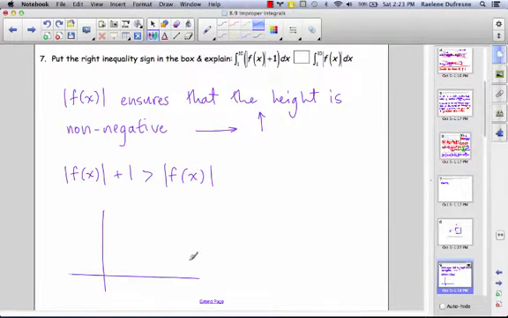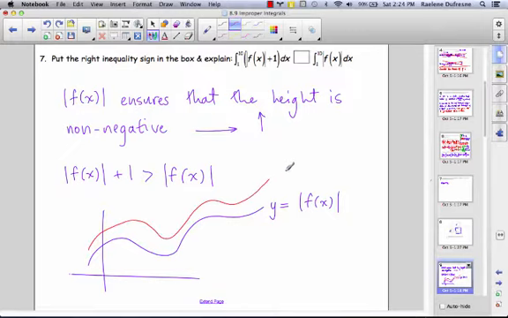And so if I have some curve f of x like this, in absolute value, then I know that one more than that will look like this. And so as a result, the definite integral from 1 to 10 of the red curve will be greater than that of the blue curve.